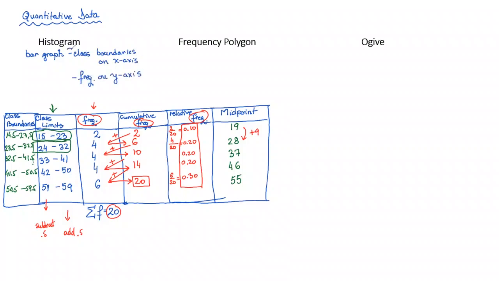Of course, there should be a title, okay? Now, if you see some graphs or you do some graphs, instead of the class boundaries, you use the midpoints, it's still considered a correct graph, okay? But most of the time, class boundaries should appear on the x-axis.